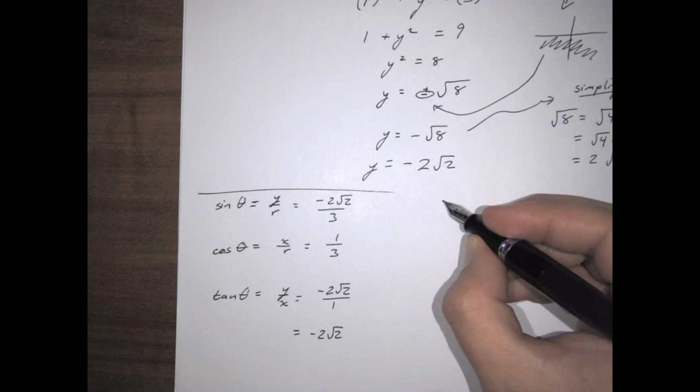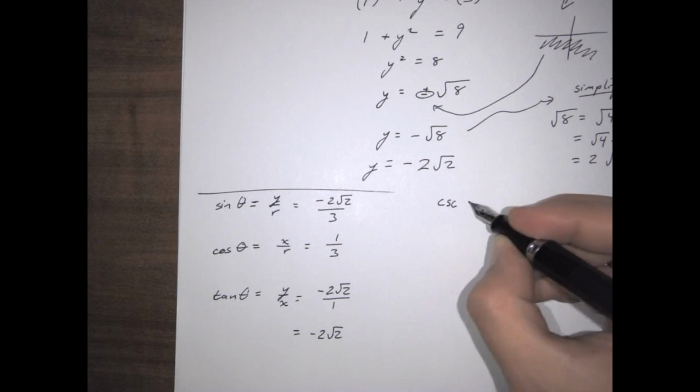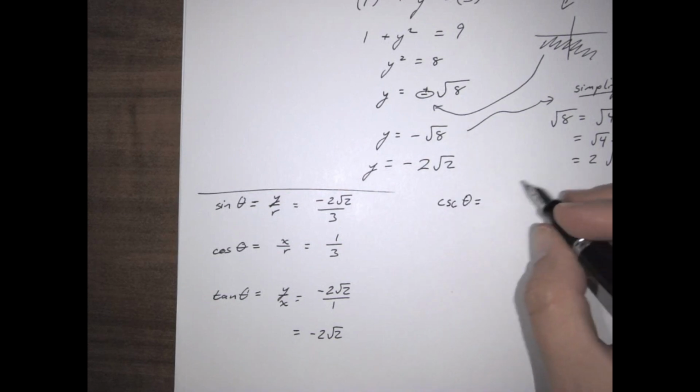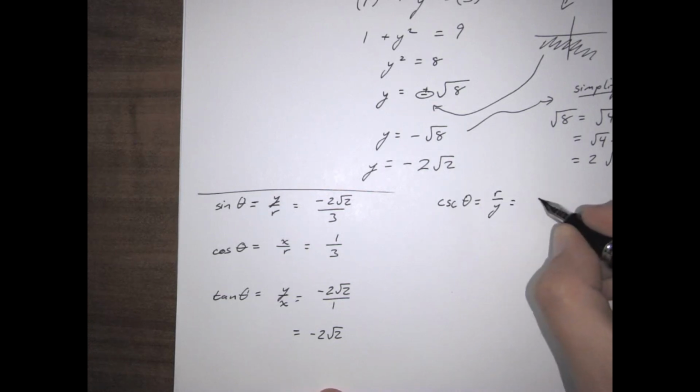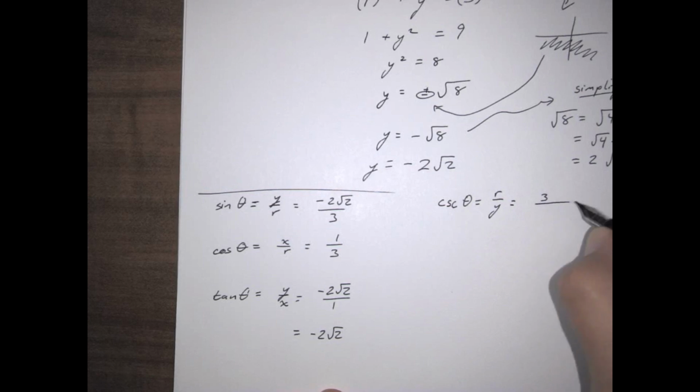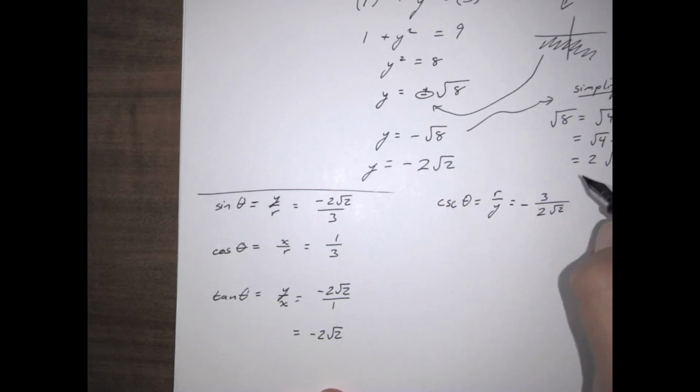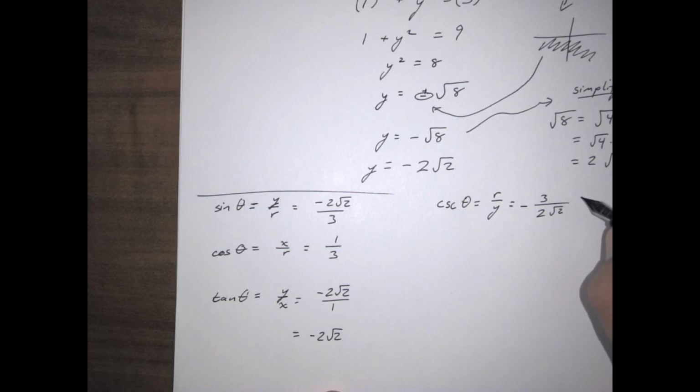All right, now the reciprocal functions. Cosecant theta is going to be the reciprocal, so it's r over y, which is going to be 3 over 2 root 2, negative in front of the whole thing. We multiply by square root of 2 over square root of 2 in order to rationalize the denominator.